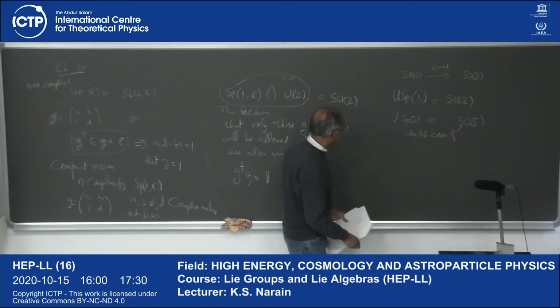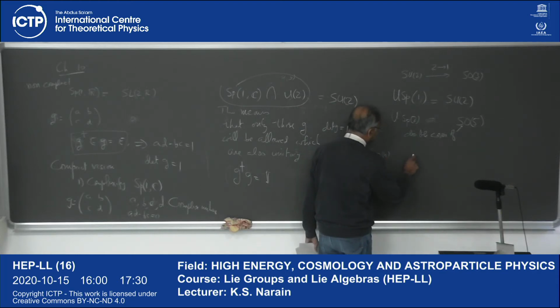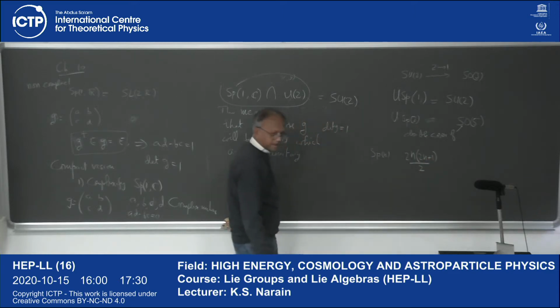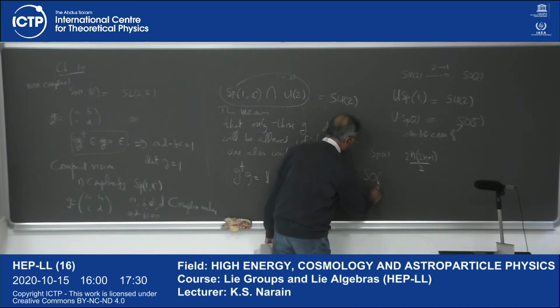In this case, we already said that the dimension of SPn was 2n times 2n plus 1 divided by 2, right? The 2 cancels, so it was just n times 2n plus 1. But the dimension of SO(2n plus 1) is what?